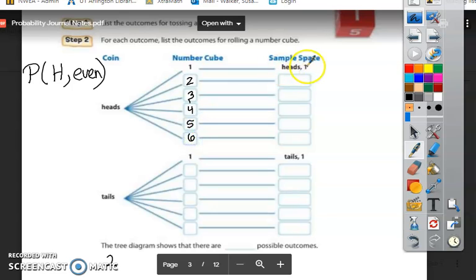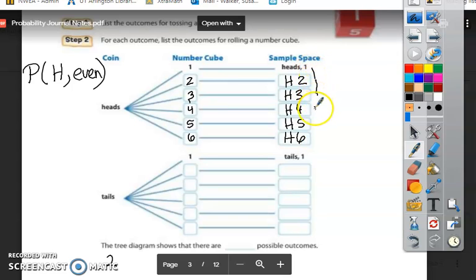So I can get a heads and then a 1, a heads and a 2, a heads and a 3, a heads and a 4, a heads and a 5, and a heads and a 6, right?